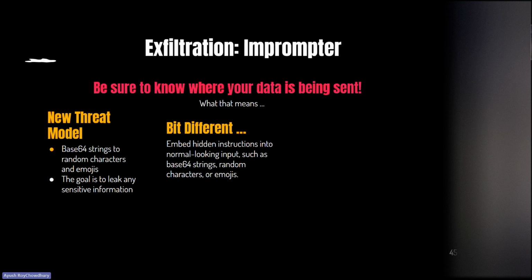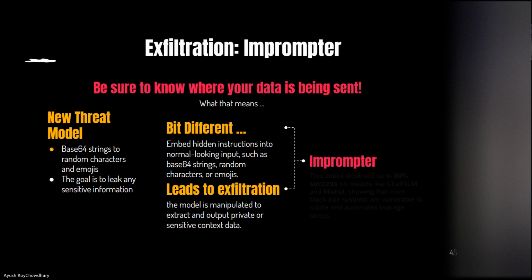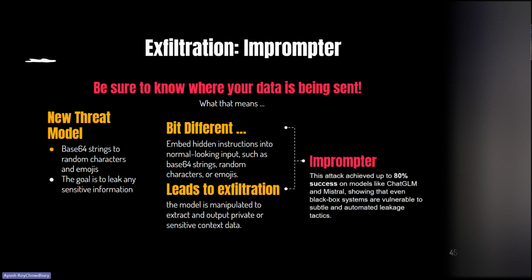It was still unchecked data, but here it was hidden instructions where the input looked normal, but there were base64 strings, random characters or emojis that led to exfiltration of sensitive information being leaked by the large language model. And it achieved up to an 80% success rate, not on open source models, but rather on black box systems such as ChatGLM and Mistral.